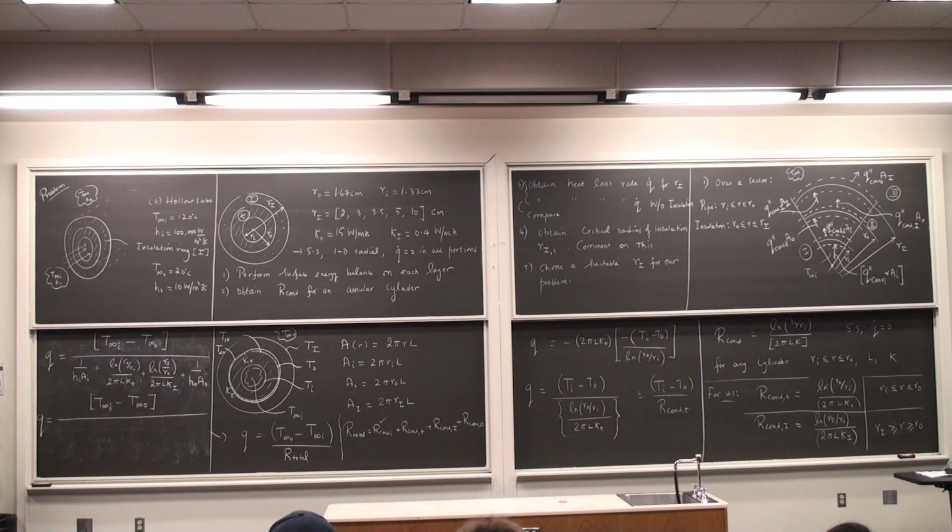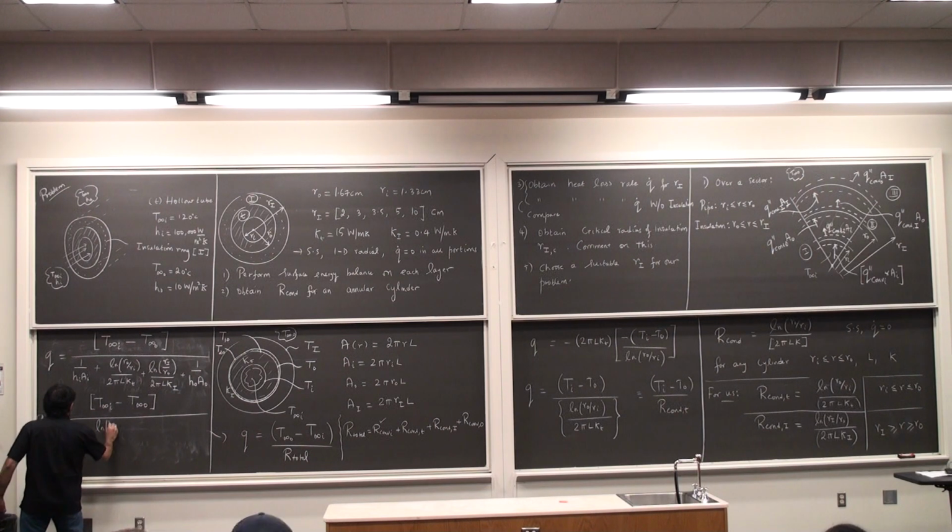Divided by 1 by hiAi is 1 by 2 pi Ri L hi. 2 pi Ri L is the area. Then write the next one. Logarithm of R0 by R little i over 2 pi L Kt.